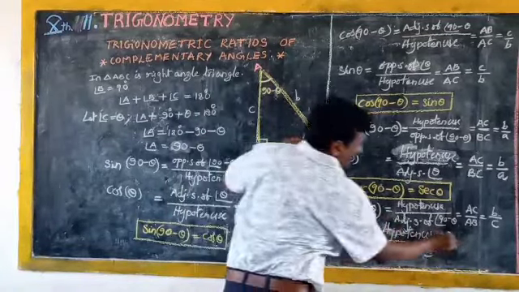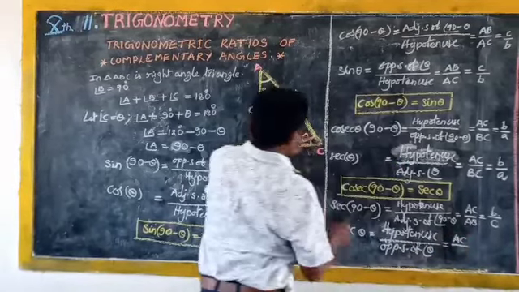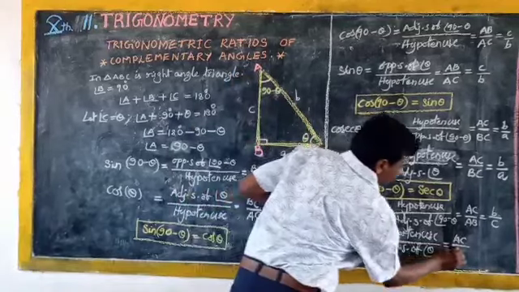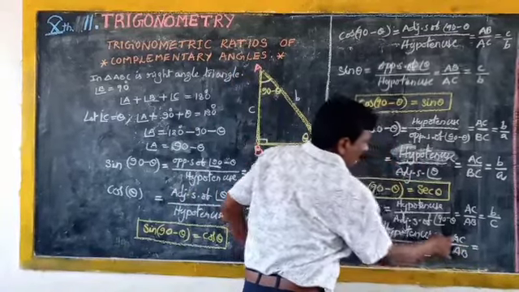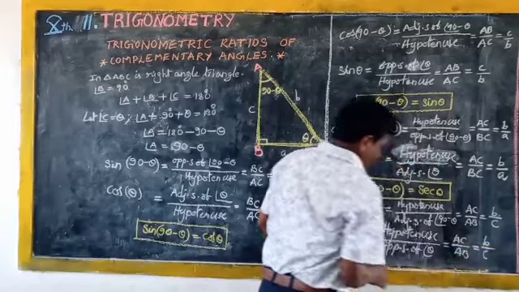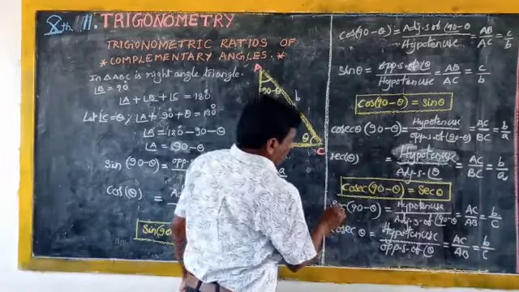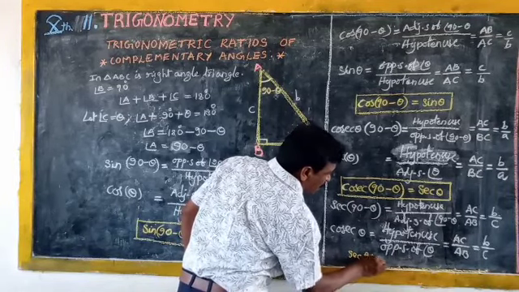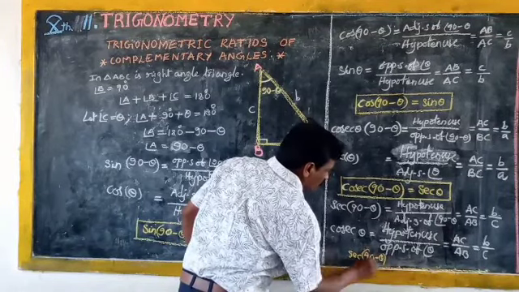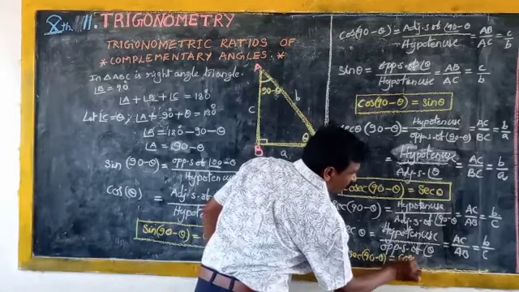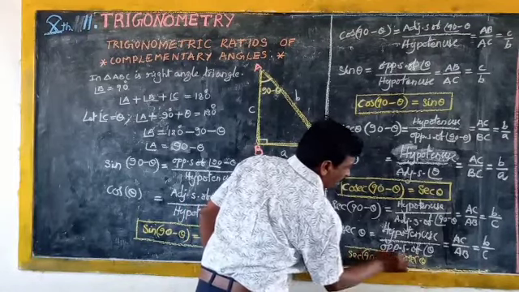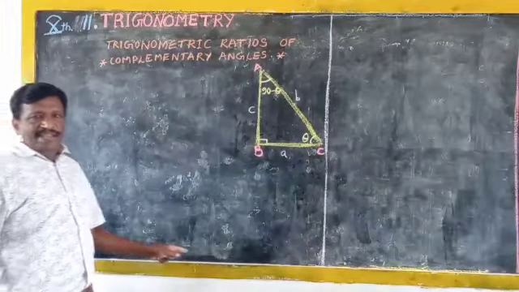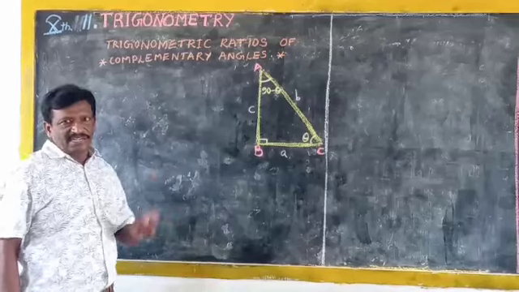Hypotenuse AC by opposite side AB, so b by c. So secant 90 minus theta is equal to cosecant theta.